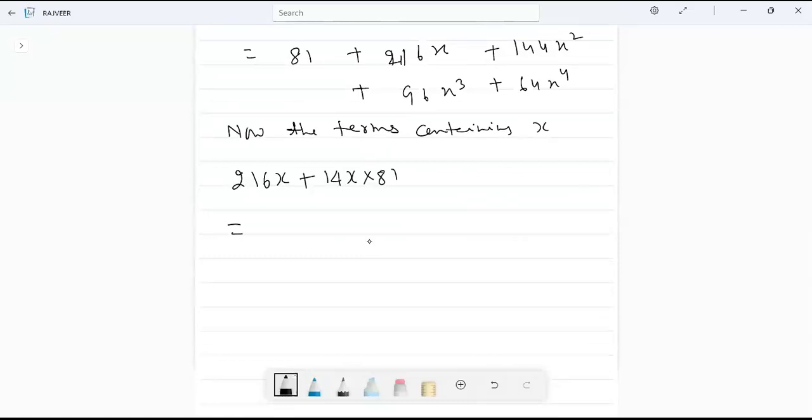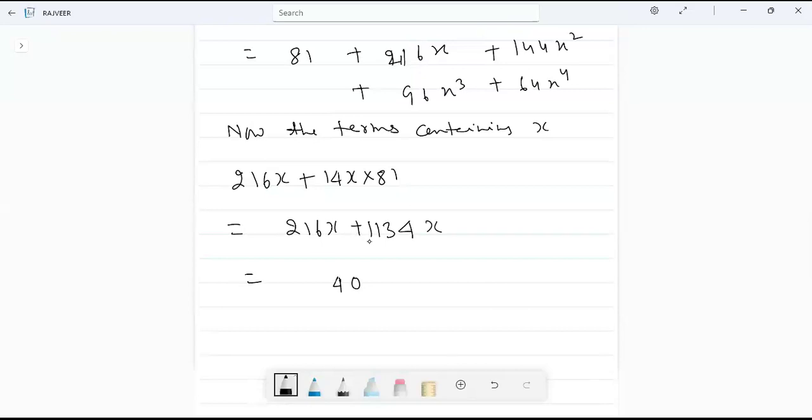So 216x plus 1134x. Add them. So this will be 4 plus 6, 10, 5, and 11 plus 2, 13.